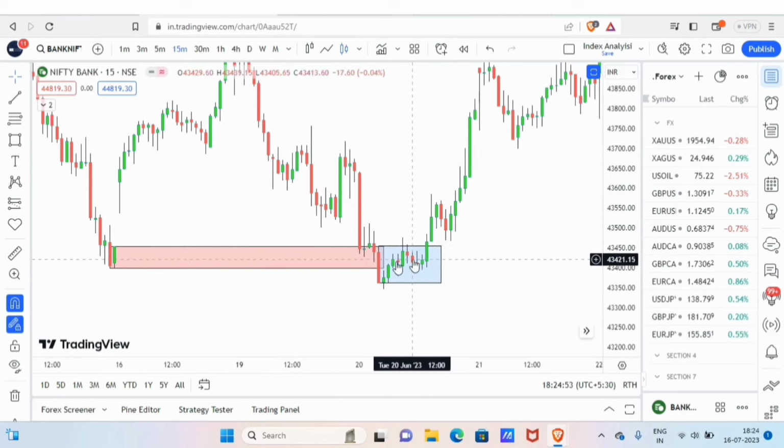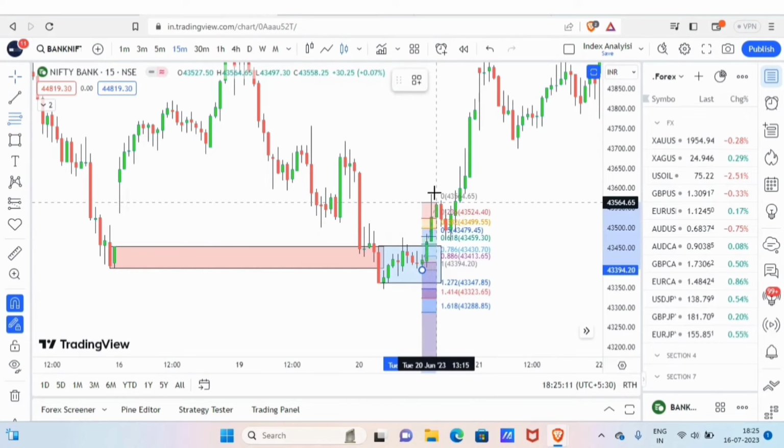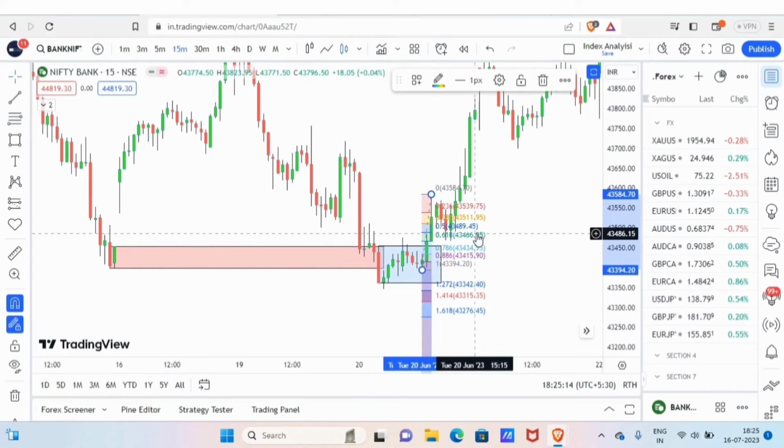So see here, when it has closed here, aggressive traders can go for buy here, and conservative traders can wait for one more green color candle, and wait for the pullback of this one. It came exactly to 0.5 to 0.618 levels.